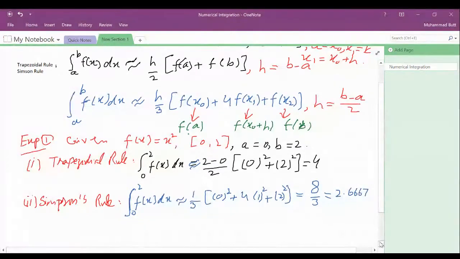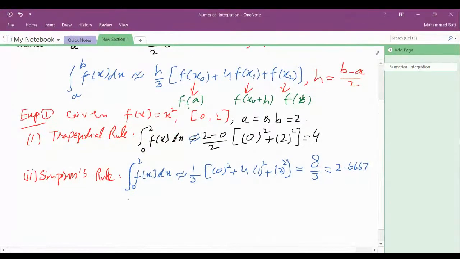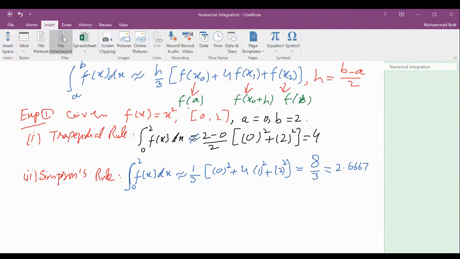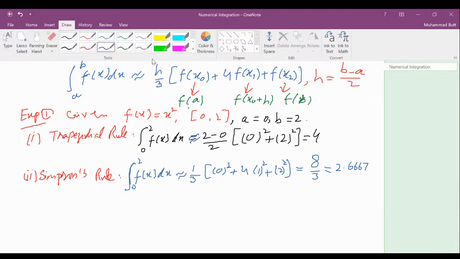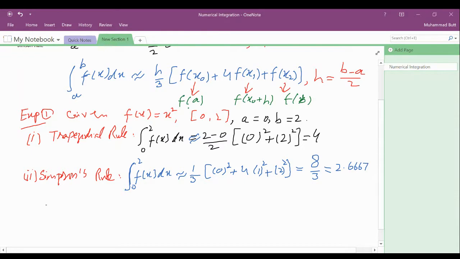Now if you want to know what the exact value is, because we are just approximating things, we need some other color. Okay, we write this in green. We want to see what is exact.